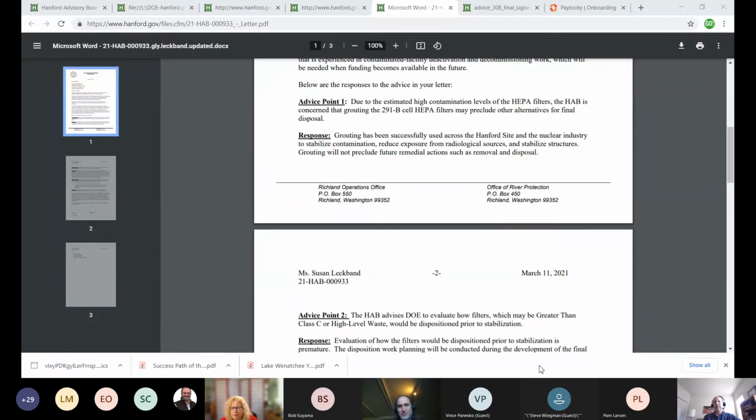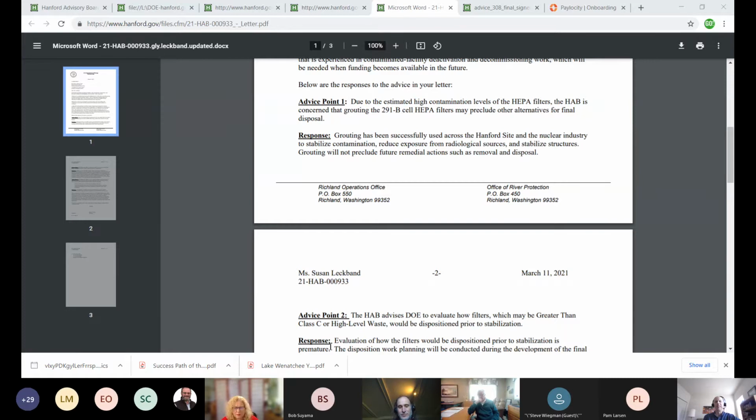I definitely want things to be done safely, and I know they kind of have to do things in stages, but not affecting the future remedy is important, and also not doing something just so you can change the waste designation or hope that you're changing the fate of whatever is in the filters is something that should also be avoided.